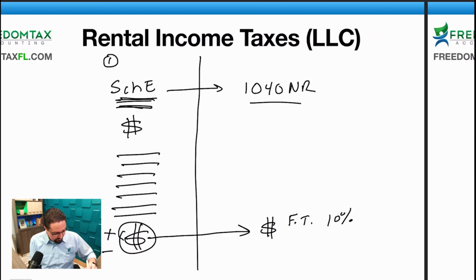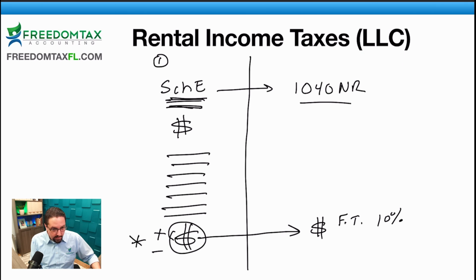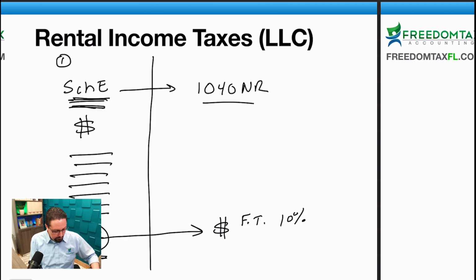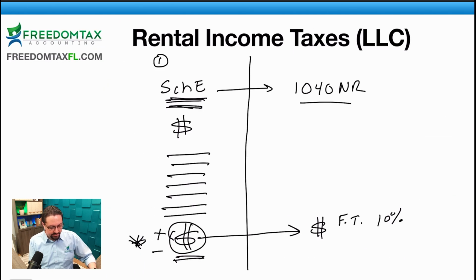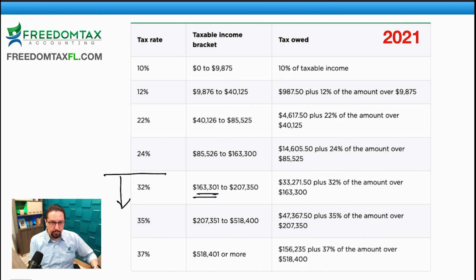Remember that if this rental income here is super high, meaning that you are more or less from this tax bracket down, so if you're making net annual income, net profit of this amount or more, then maybe you should not file taxes this way, because you're going to pay the high tax bracket.